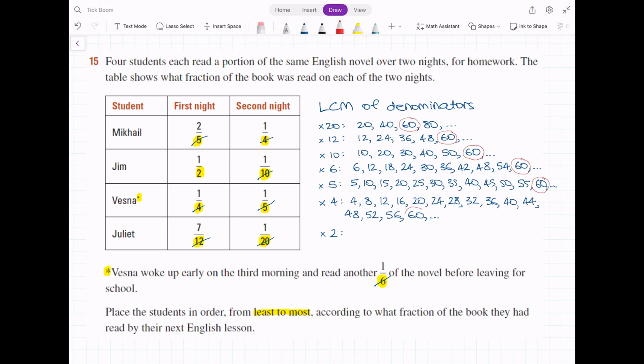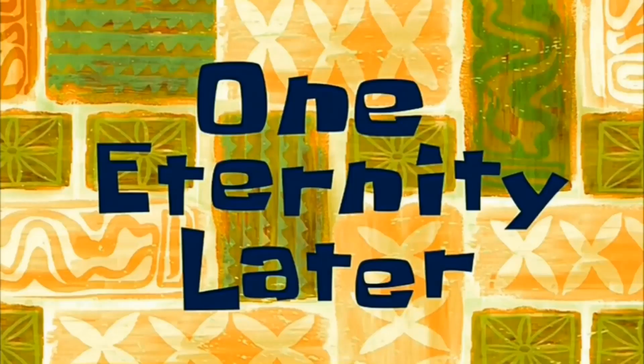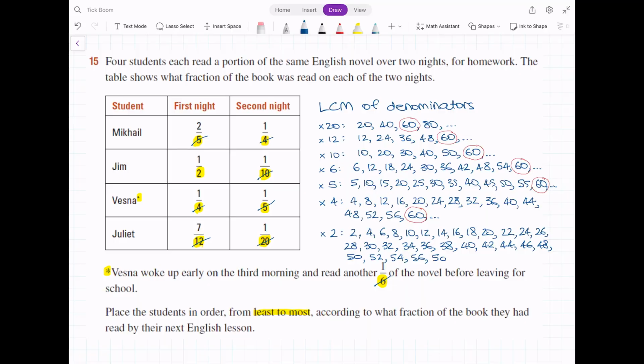And then finally for 2, again, I'll do this for completeness. By this point you really wouldn't have to. You could probably convince yourself that 2 times 30 is 60, but I'll just work through it anyway. We have 2, 4, 6, 8, and so on, 58, and then 60. So they're all the multiples of 2 up to 60.